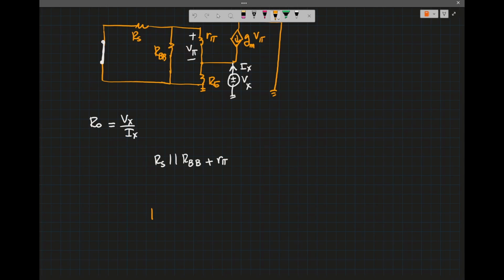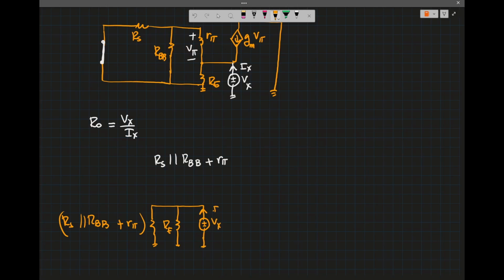So the network becomes this, which is RS parallel RBB plus R pi, now in parallel with RE, and then I have Vx here.